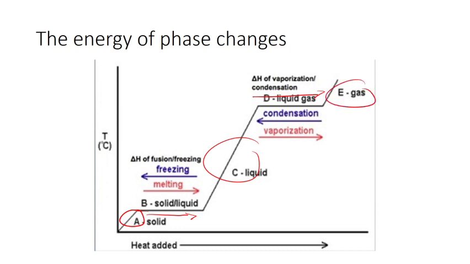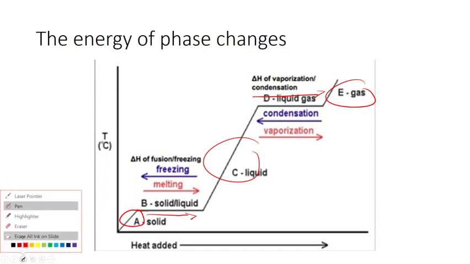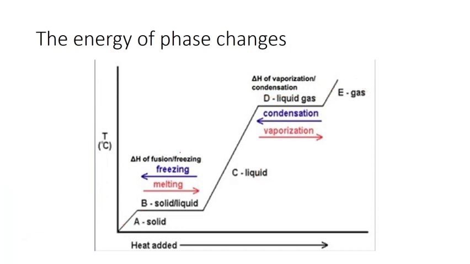Now, one of the things to notice on here, and I know a lot of people struggle with this one, is that when you are melting a solid, the energy that's going in is not increasing the temperature. It is just going to break the interactions that are holding the solid together, so your temperature won't increase until that solid is melted.